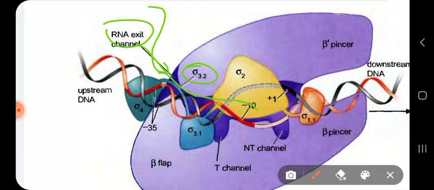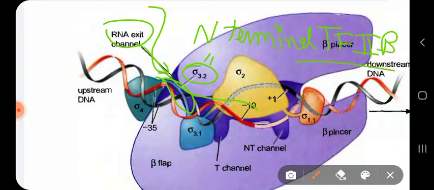In case of eukaryotic transcription, this region will be occupied by something similar to sigma 3.2, that is the N terminal region of TF2B.